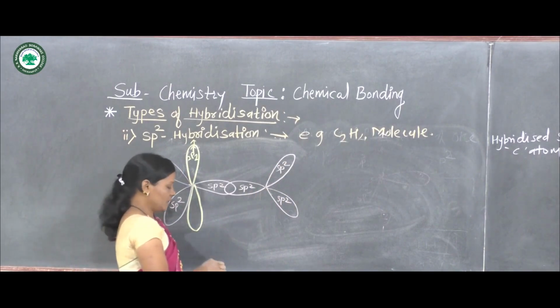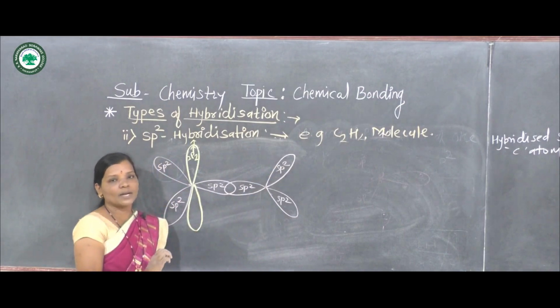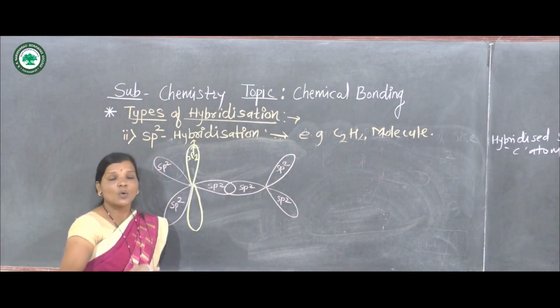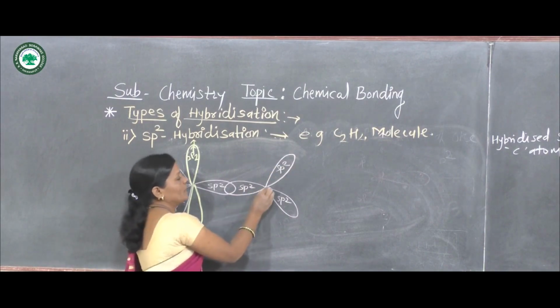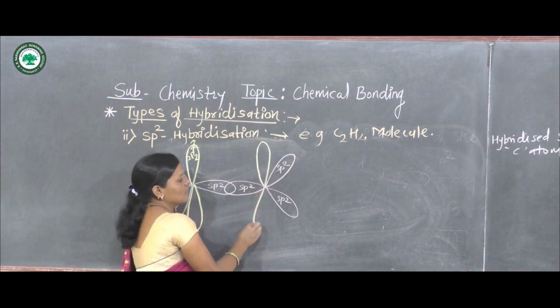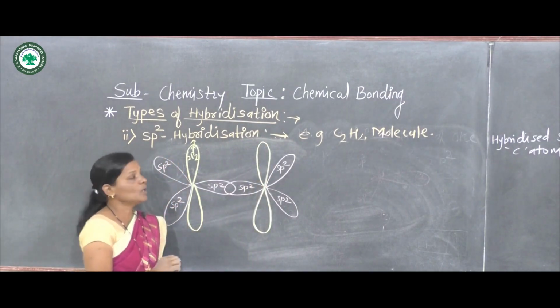Now these 3 sp2 hybrid orbitals of the second carbon atom also lie in one plane, and the unhybridized 2pz orbital is perpendicular to the plane of the 3 sp2 hybrid orbitals.